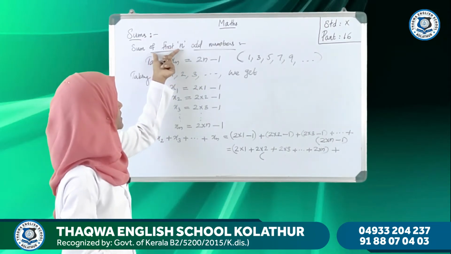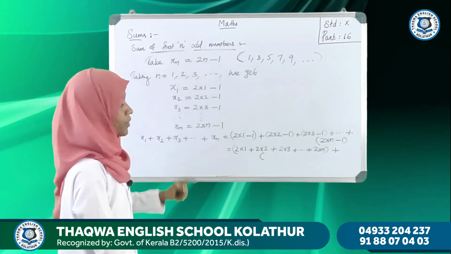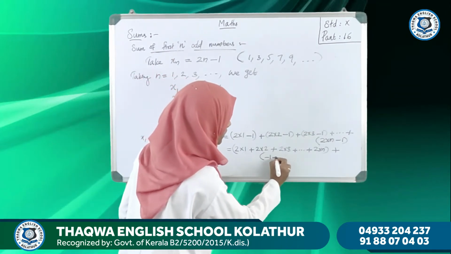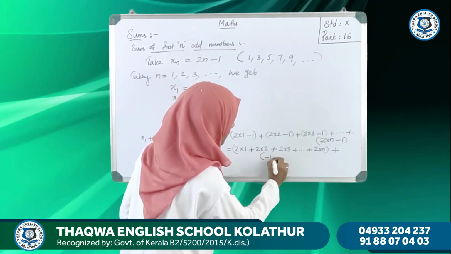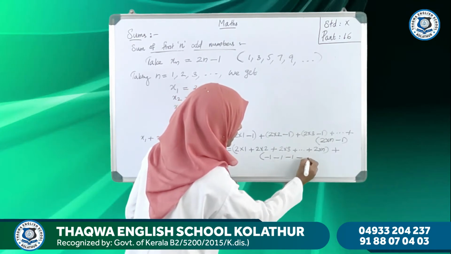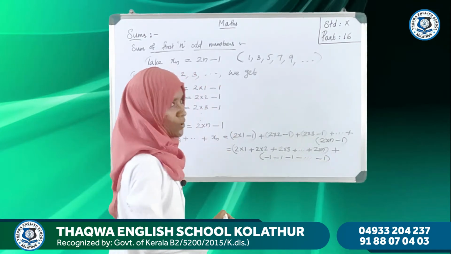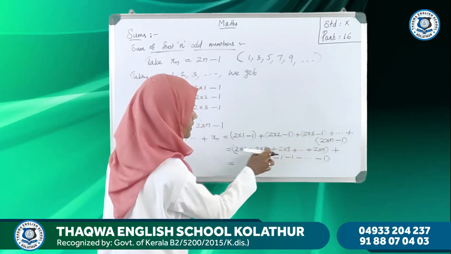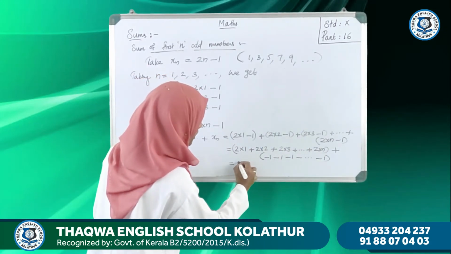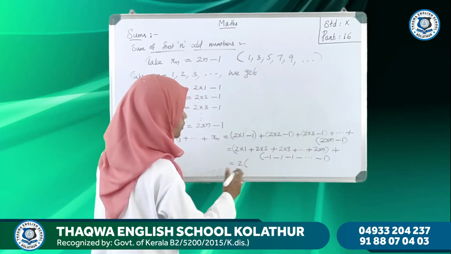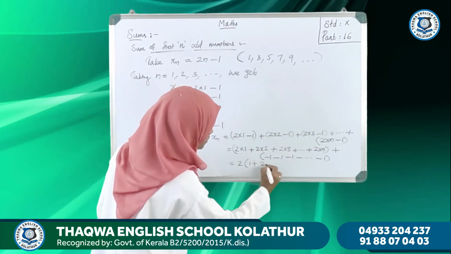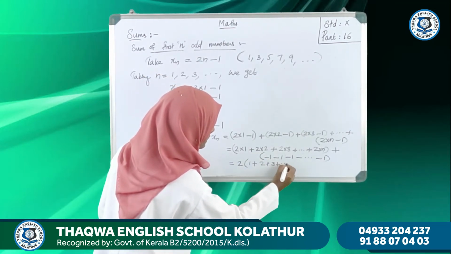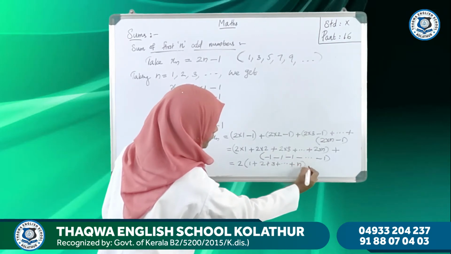Yes, we have discussed first n odd numbers, so minus 1 n times. Here 2 is common in these terms, so let us take 2 outside: 2 into 1 plus 2 plus 3 plus etc. plus n.